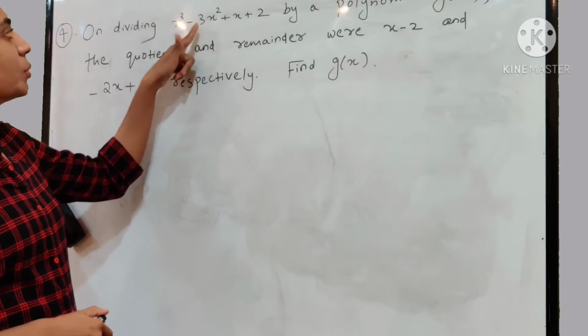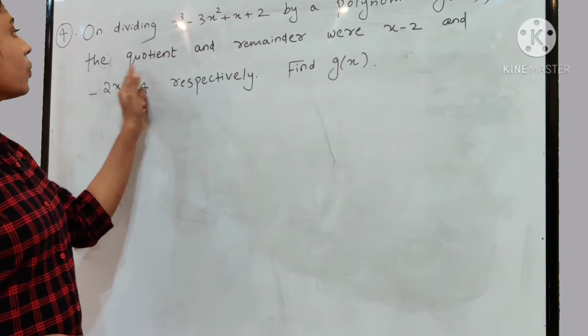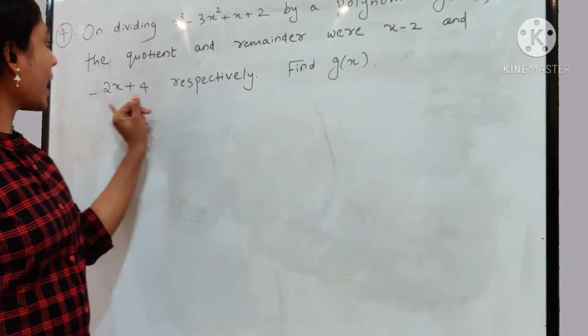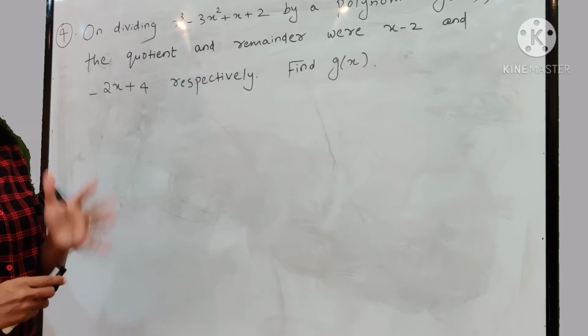On dividing x cube minus 3x square plus x plus 2 by a polynomial g of x, the quotient and remainder were x minus 2 and minus 2x plus 4 respectively. Find g of x. How to find g of x?